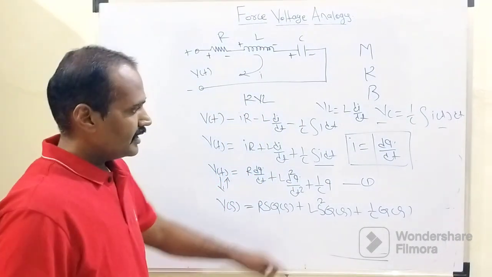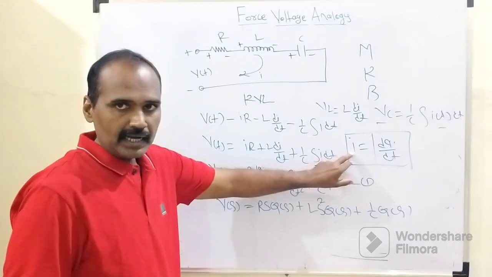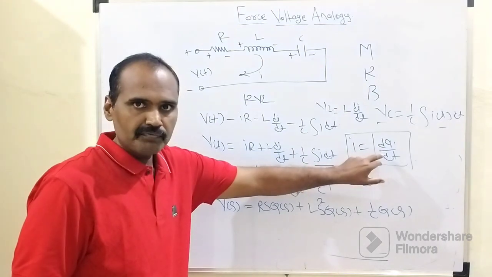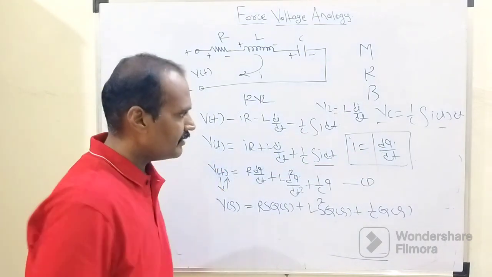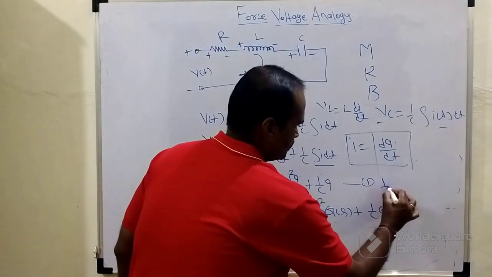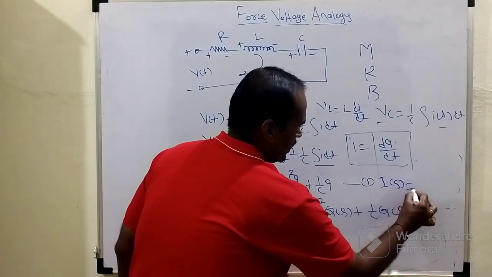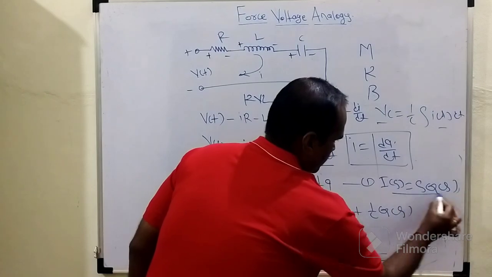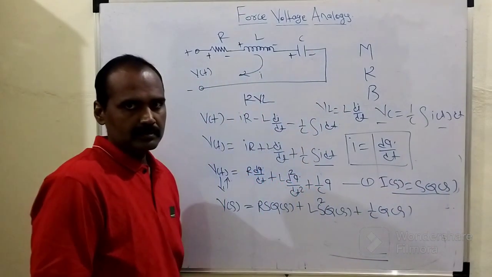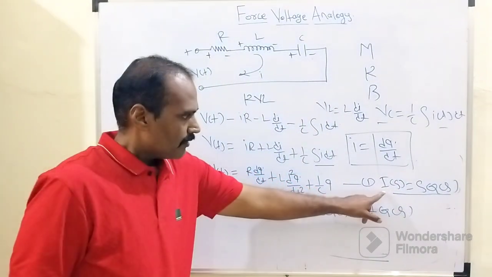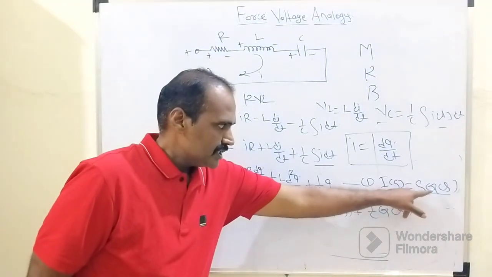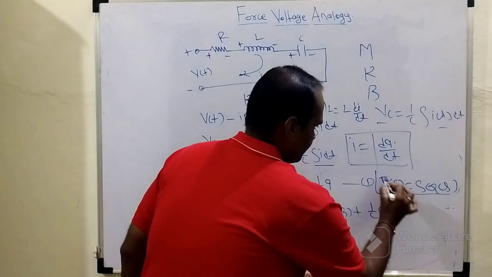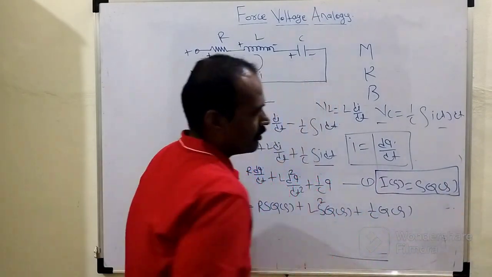Another important thing which we need to remember: as I is substituted with the rate of change of charge per unit time, if we apply the Laplace transform to this statement, it will become I of s equals s times Q of s, right? Whenever we have the term s into Q of s replaced with I of s, I will put this quantity in a rectangular box.